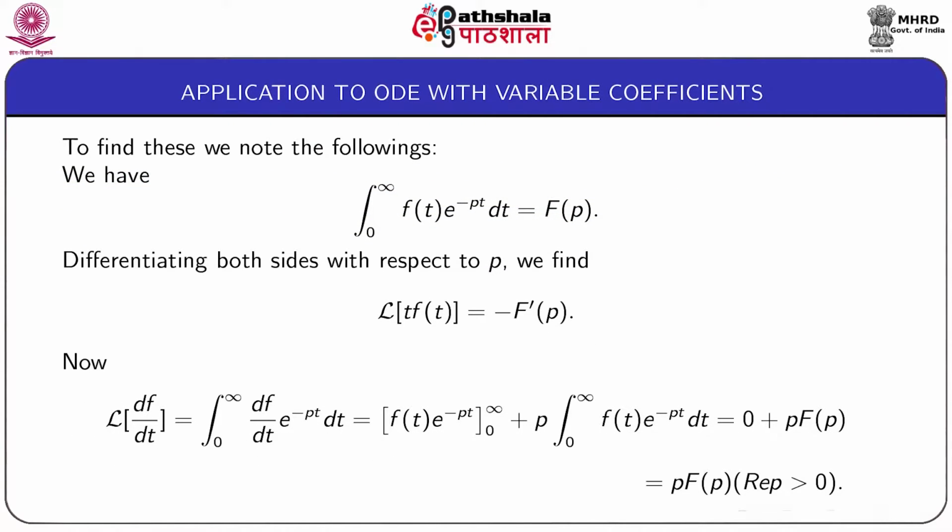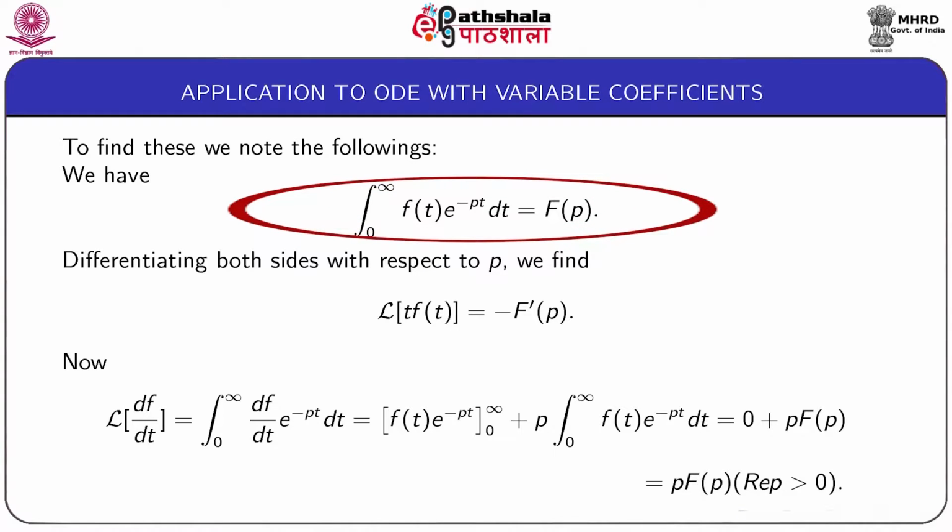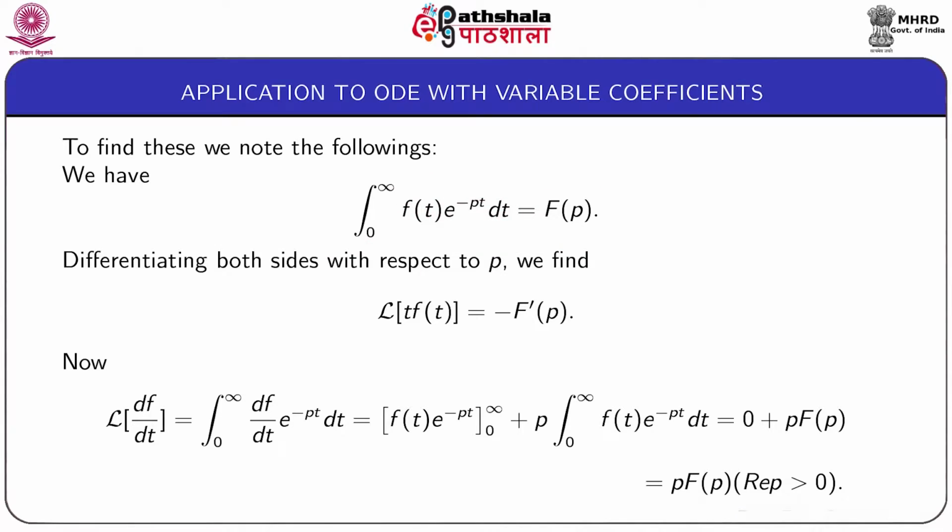To find these, we note the following. We know that capital F(p) is the Laplace transform of small f(t), which is equal to the integral from 0 to infinity of f(t) e^(-pt) dt.